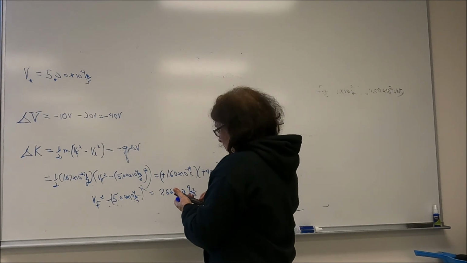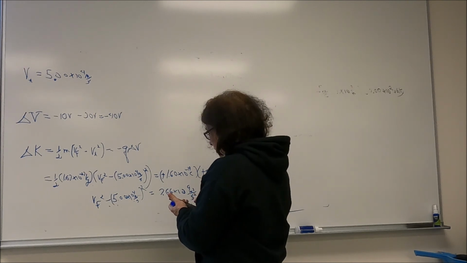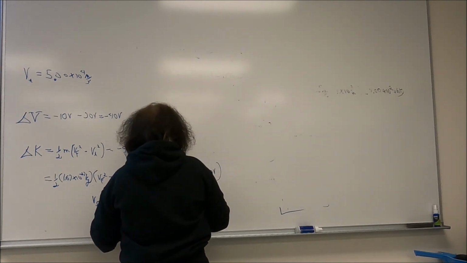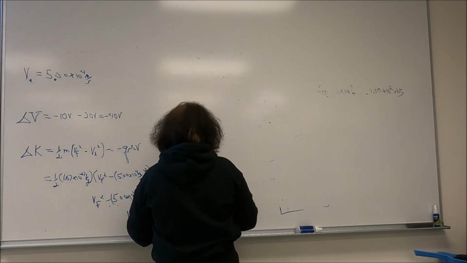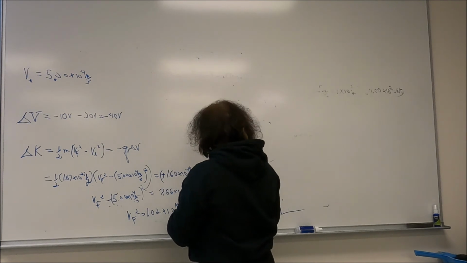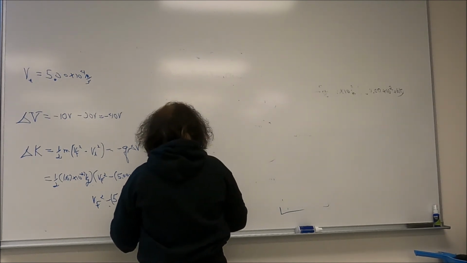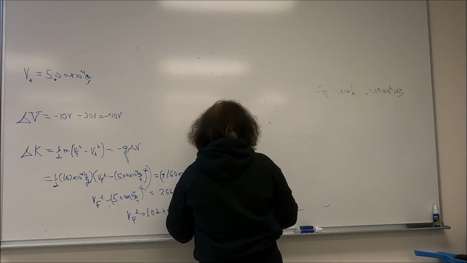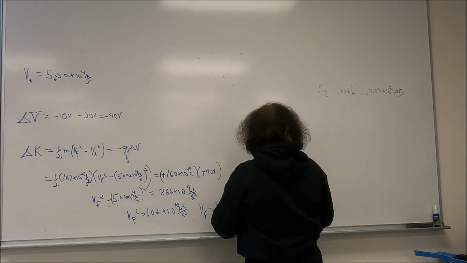So I'm going to add to that 5 exp 4 squared. So V final squared is 1.02 times 10 to the 10 meters squared over second squared. Take the square root, and I get V final to be 1.01 times 10 to the 5 meters per second.